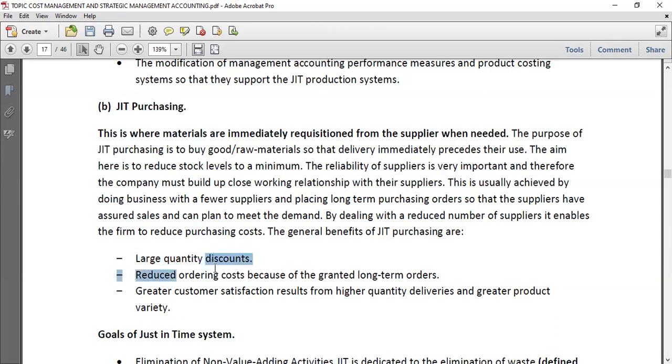We also have reduced ordering costs because of the granted long-term orders. And then we also have greater customer results that come from high quality deliveries and greater product variety.